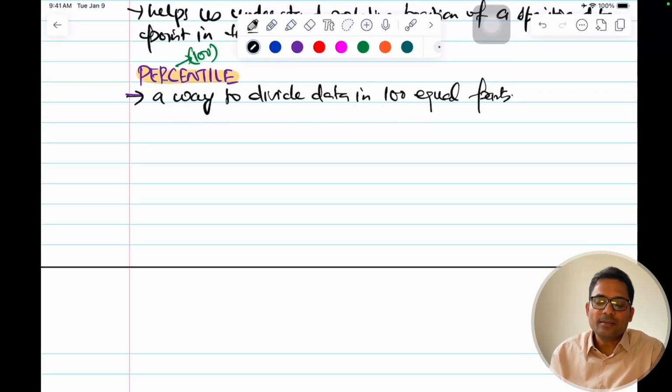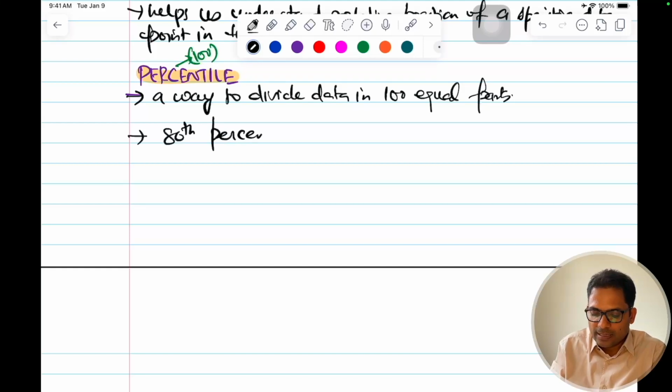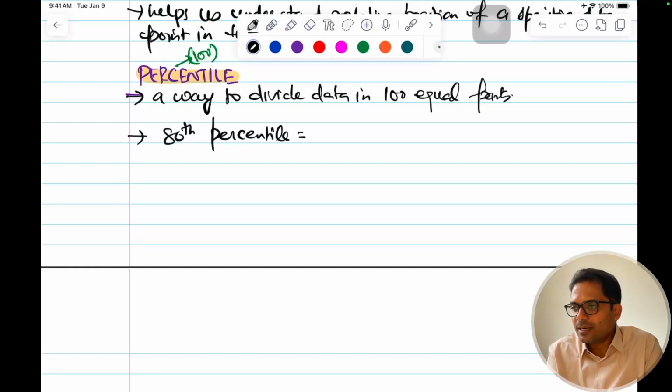Say, for example, out of 80 people, if I have got the 80th percentile in any test, that means that at least 80% of the people scored less than me.